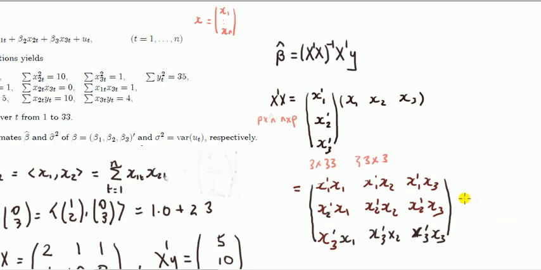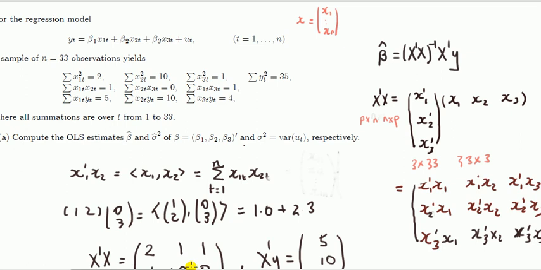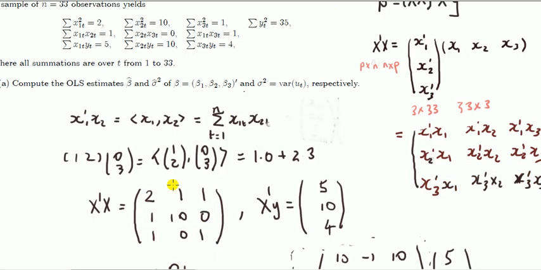Now I want to look a bit more into these scalars that go in here. It has to do with notation. Let's pick this one. What does it mean to say this transpose times this? It is a row vector times a column vector. We can rewrite that as an inner product of the vectors x1, x2, and that may be written like this.